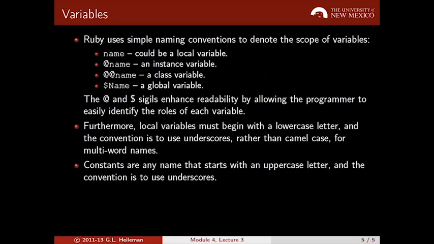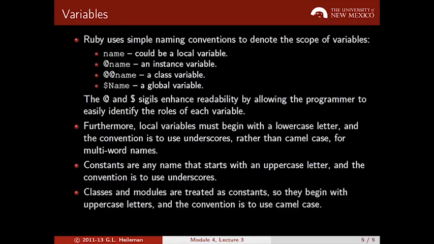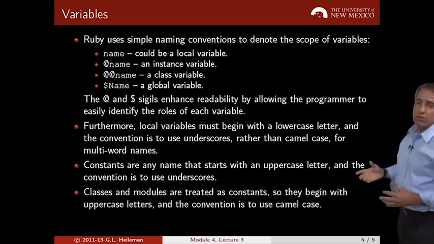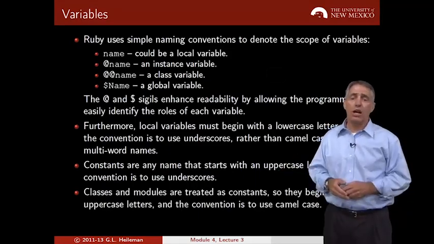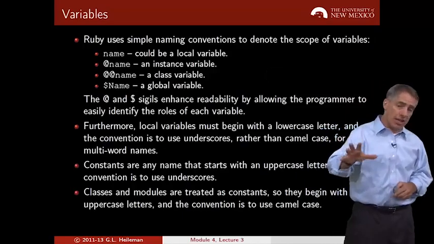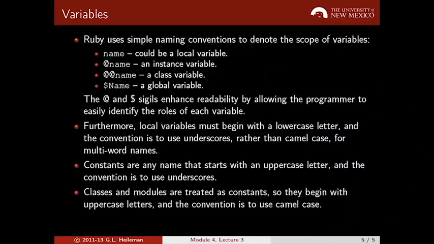Now, constants are any name that starts with an uppercase letter, and the convention is to use underscores for constants. Classes and modules are treated as constants, so that's why you always see those appear using uppercase. The convention, again, is to use camel case for classes and modules. For constants, it's uppercase, but you use the underscore. So that's kind of how people use Ruby to tell things apart.